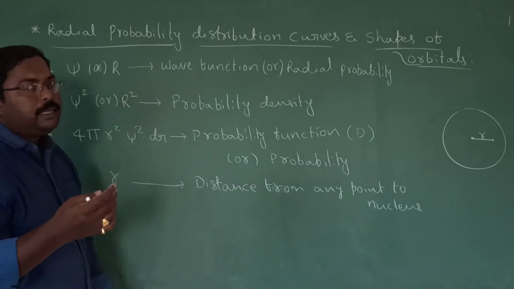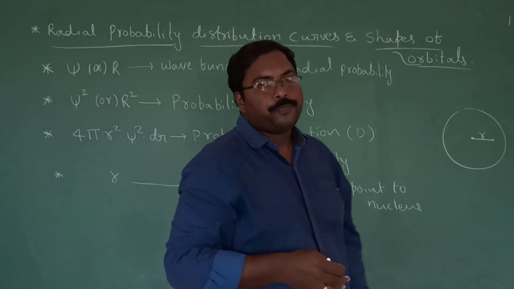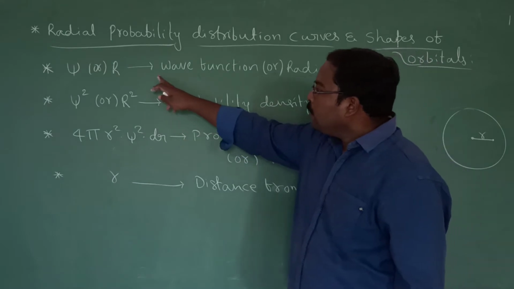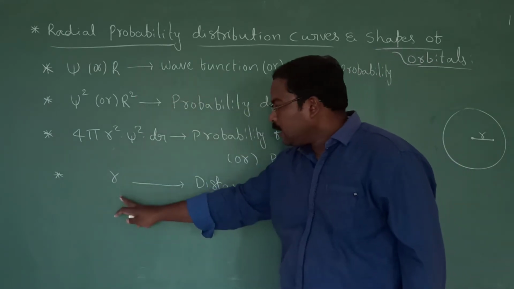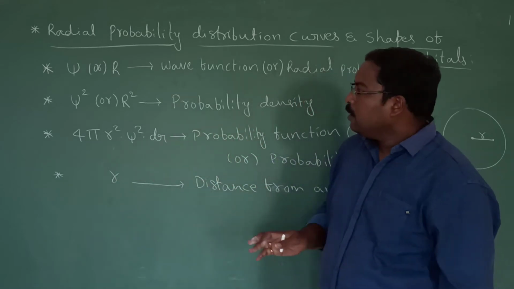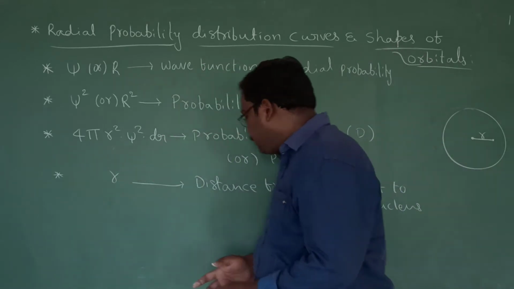Because we are getting three types of graphs. In all the three cases, we are drawing the graph of any one versus R. Okay? So let us discuss the first type of graphs.